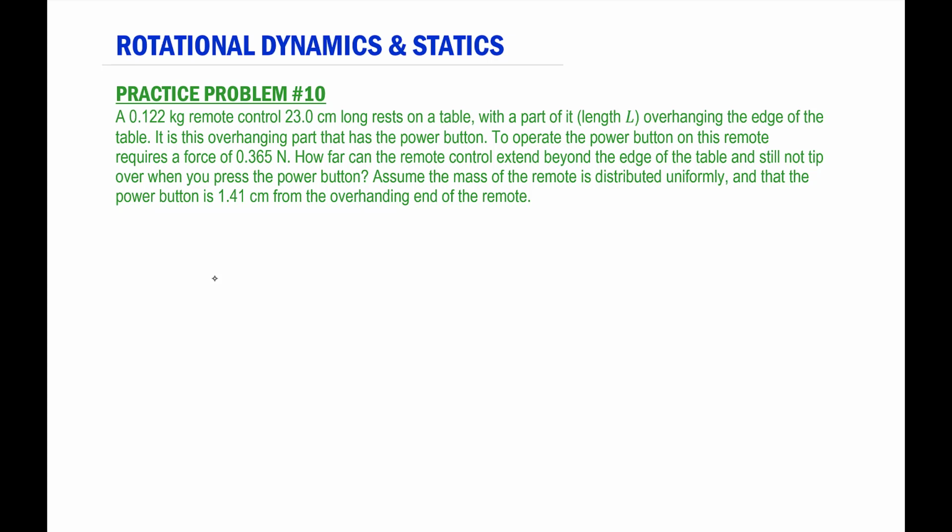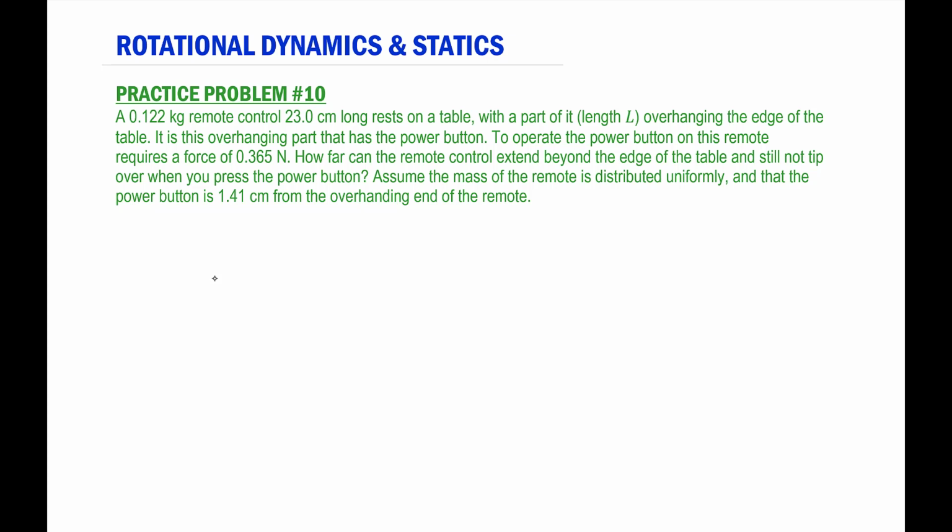You have g being equal to 9.8 meters per second squared, and the button being 1.41 centimeters or 0.0141 meters away from the far edge. And we are trying to find L.